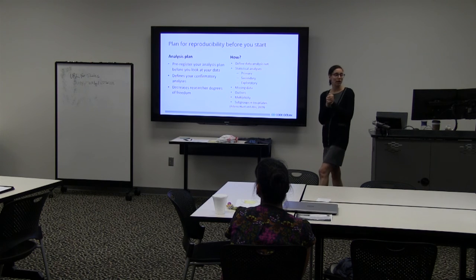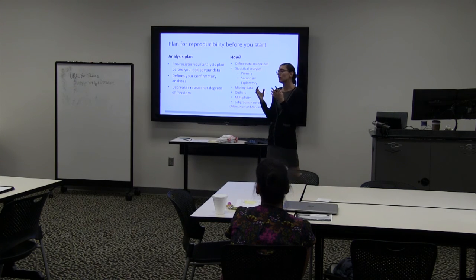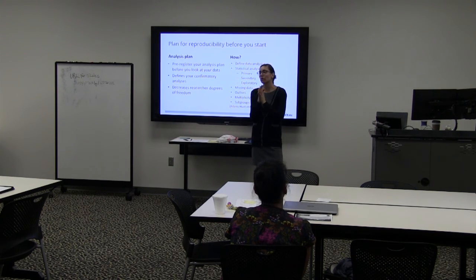So when you want to add an analysis plan to your registration, you want to define exactly what your hypothesis is. And what are your analyses that will confirm or deny that hypothesis? What's your threshold for accepting it versus rejecting it? What are your primary outcomes? What are your secondary outcomes?